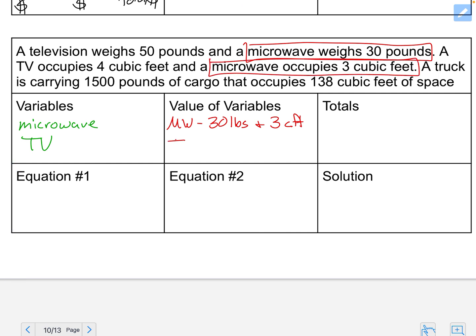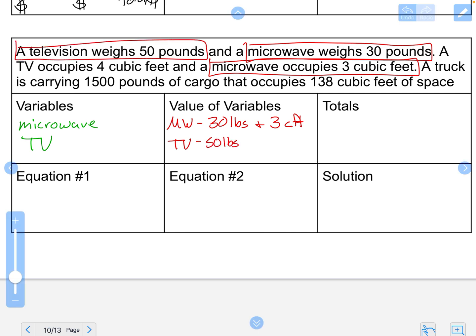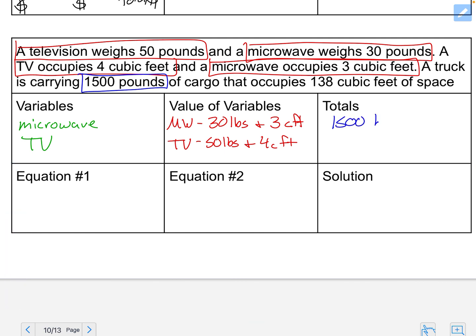And then our TV is 50 pounds, and our TV occupies 4 cubic feet. So they then tell us that the truck can carry 1,500 pounds of cargo, and it has 138 cubic feet. So again, just like the last problem, money goes with money.